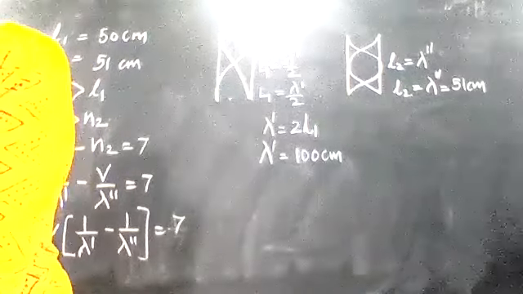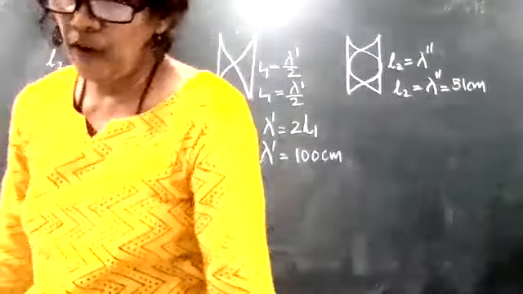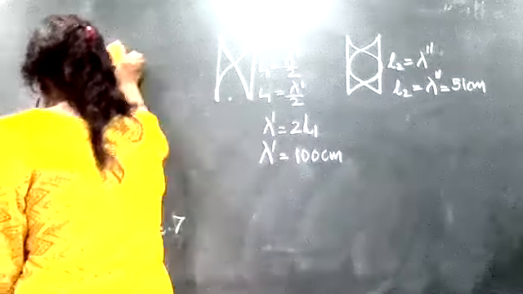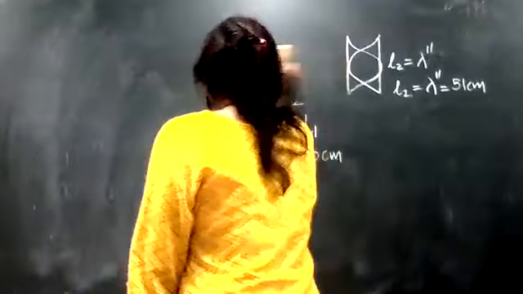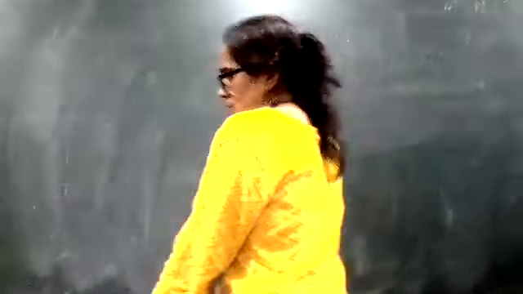Next, your third MCQ is given. In that, you have been given: tension in a piano wire is increased by 25%. In the piano, it is wire vibration. So tension in the piano wire is increased by 25%, its frequency becomes dash times the original one.